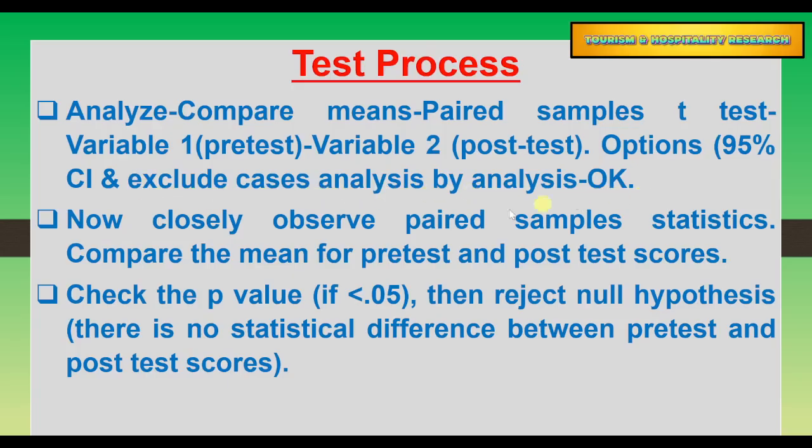Click OK. Now closely observe the paired sample statistics. Compare the mean for pre-test and post-test scores. Check the p-value. If it is below 0.05, then reject the null hypothesis, which was there is no statistical difference between the pre-test and the post-test scores.